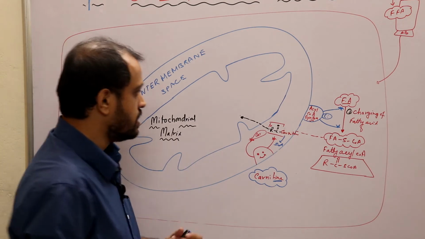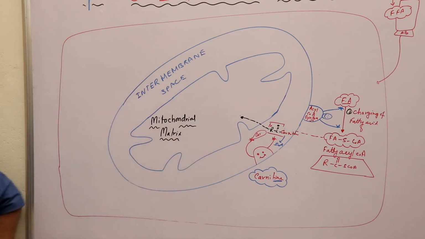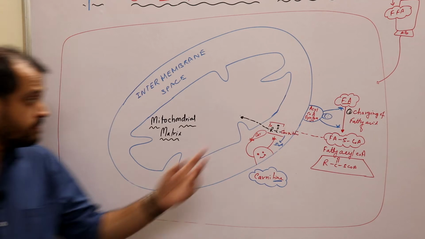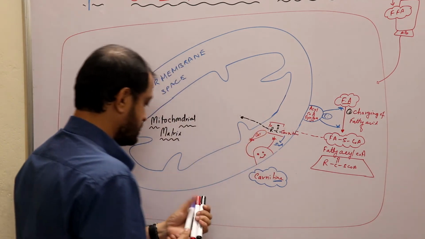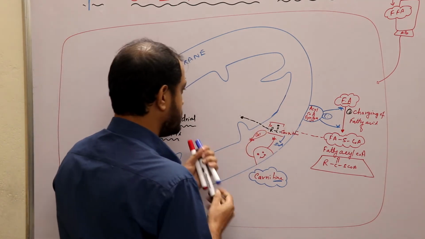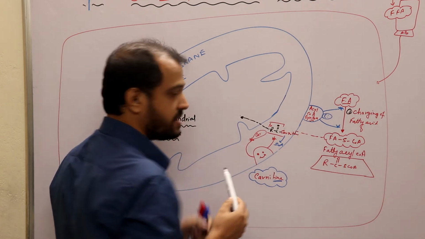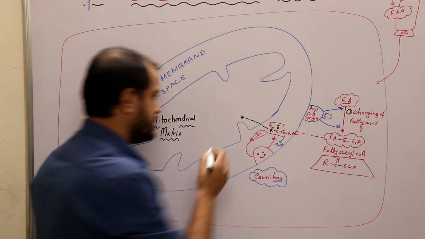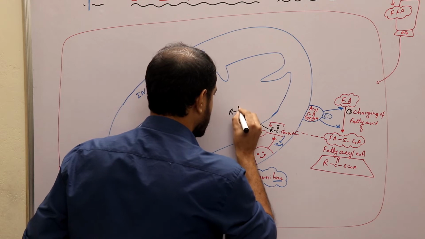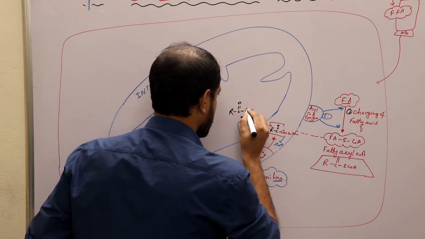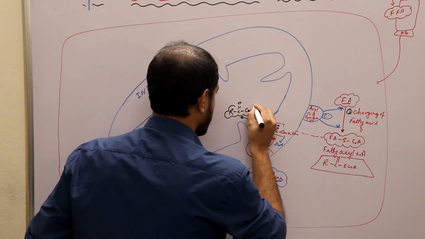That means what is now entering the mitochondrial matrix is fatty acyl carnitine, that means RCO carnitine.